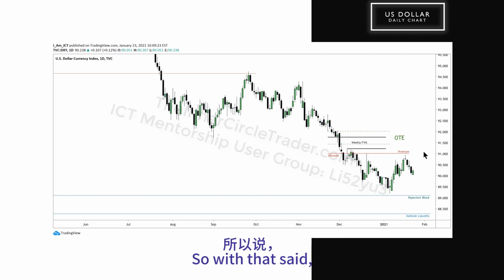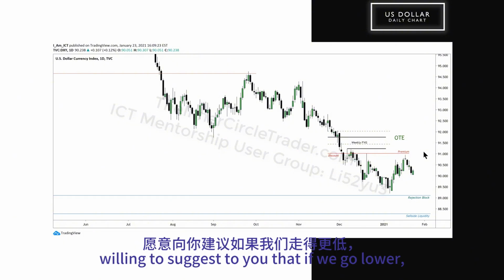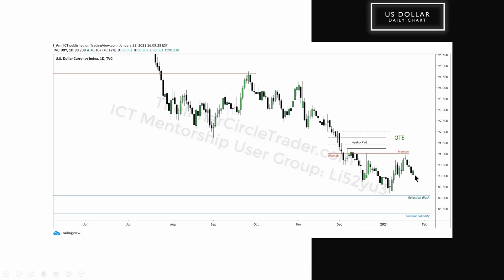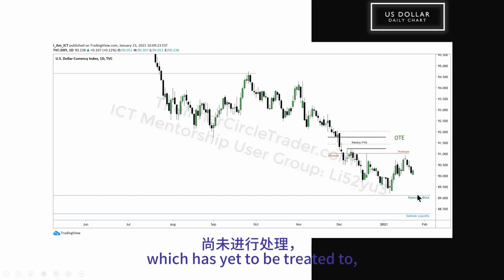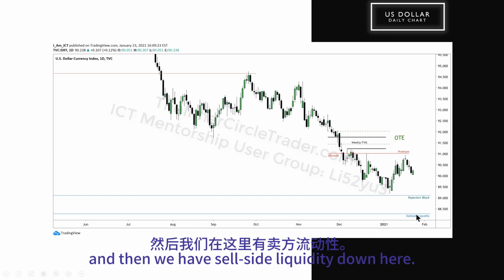So with that said, I'm willing to suggest to you that if we go lower, it's going to be attacking this eventually and going into the rejection block, which has yet to be traded to, and then we have sell side liquidity down here.